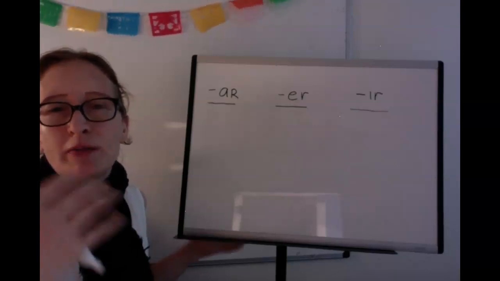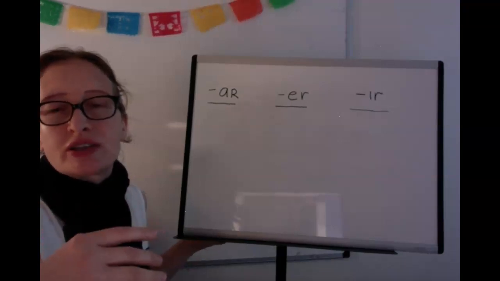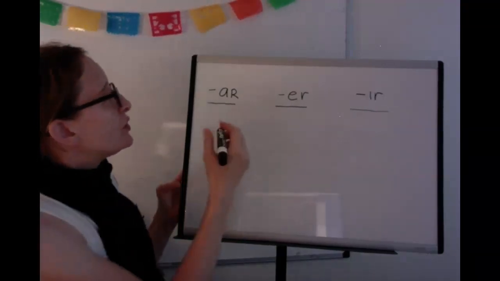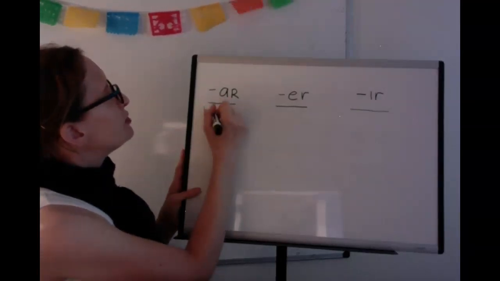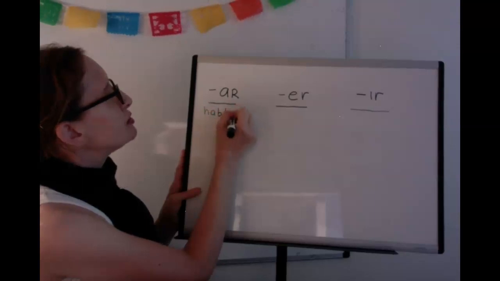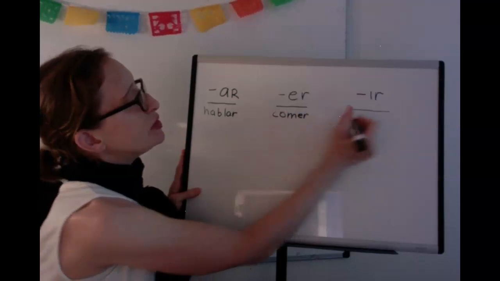Verbs that you can go back to in your mind when you need to know how something is conjugated. Okay, so let's put our AR model verb here. Hablar, to speak. Comer, to eat. Vivir, to live.